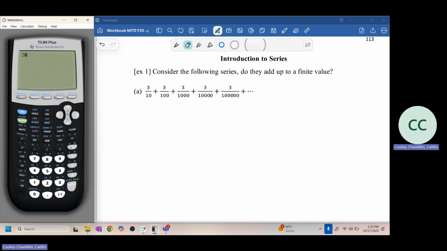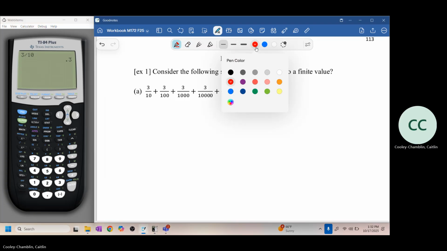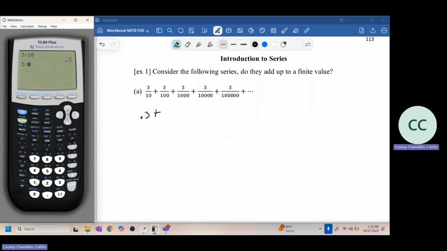So I have 3 divided by 10, and this is 0.3 plus 3 divided by 100.